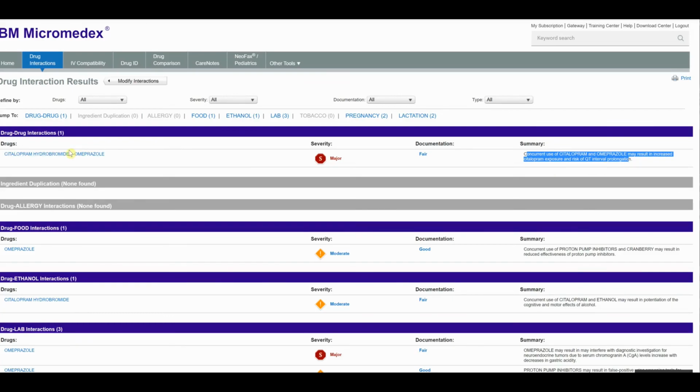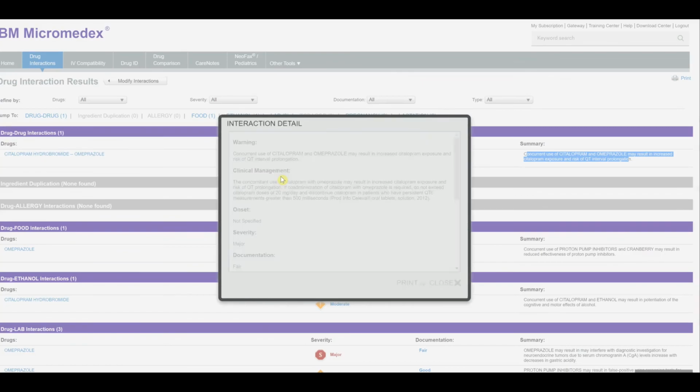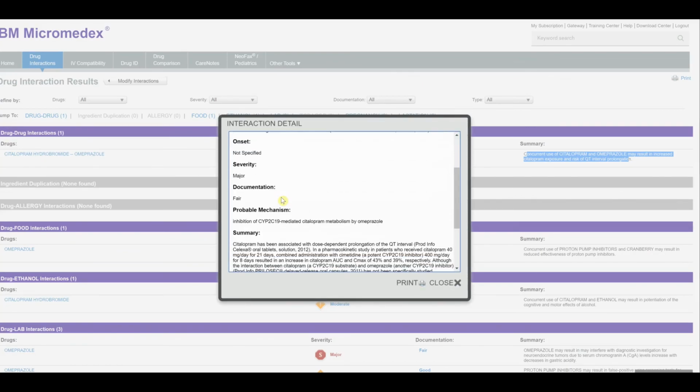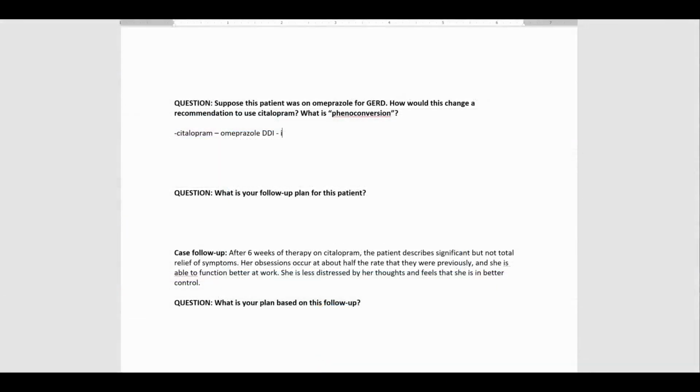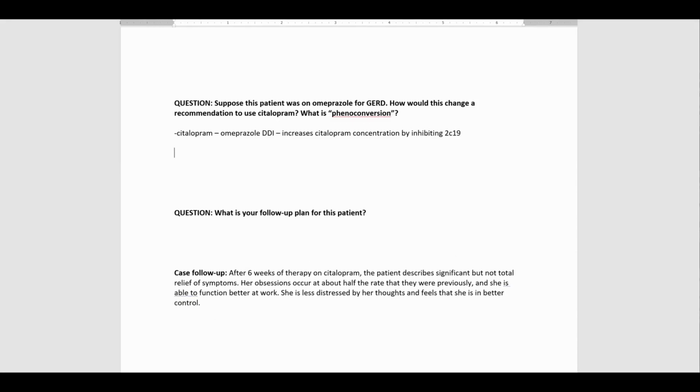So again, how does that actually occur? You can click on here. Inhibition of 2C19 mediated citalopram metabolism by omeprazole. Okay, so what we found was that it increases citalopram concentration by inhibiting 2C19.